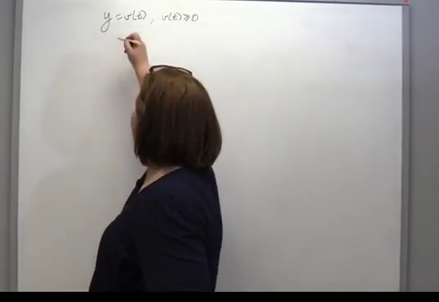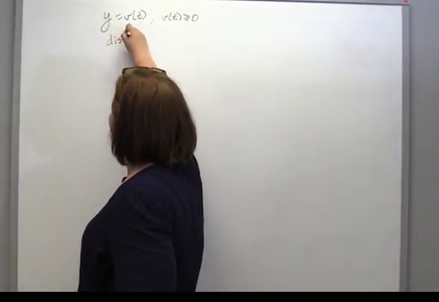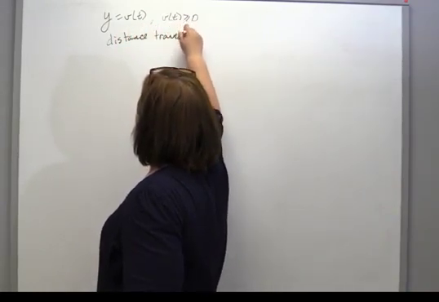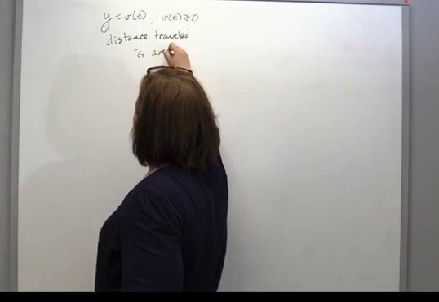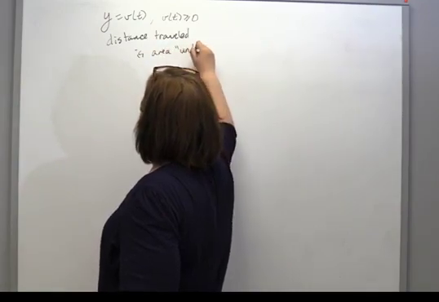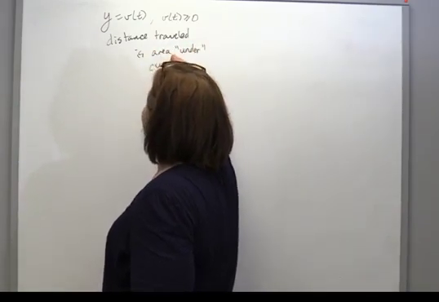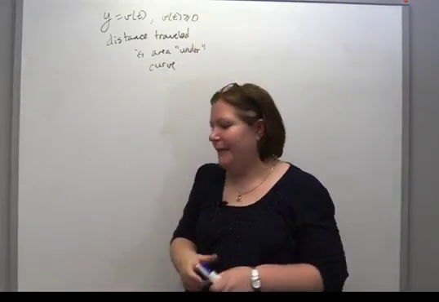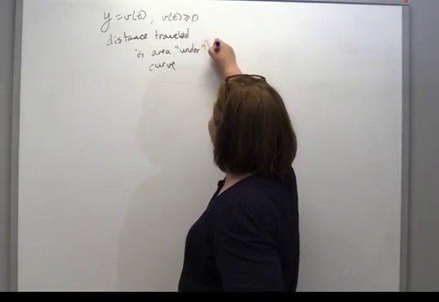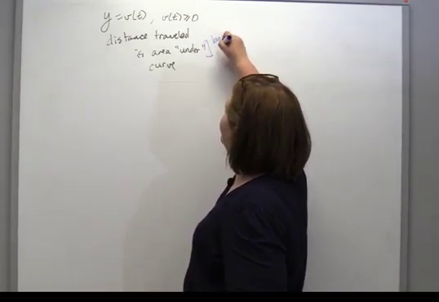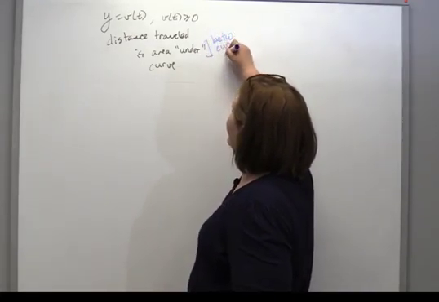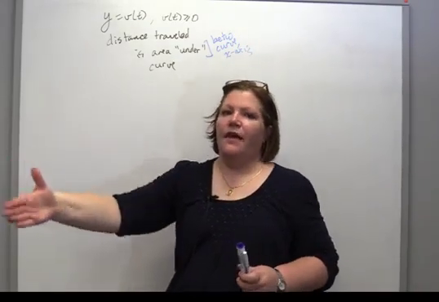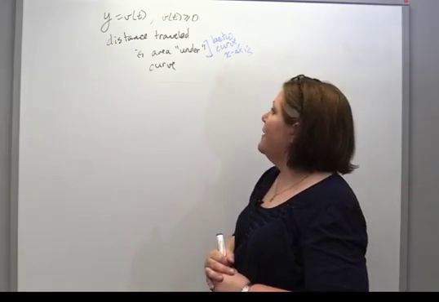And we talked about distance traveled is area under the curve. And when I say under, I really mean between the curve and the x-axis. So we're going to expand on that as time goes on.